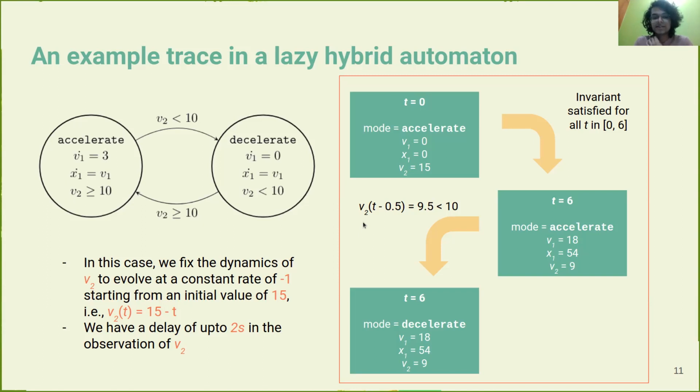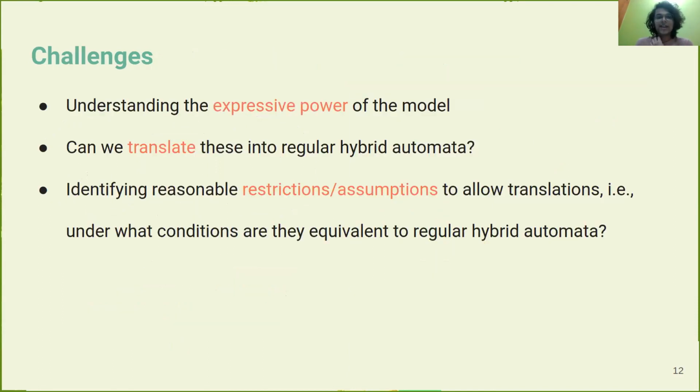What this intuitively means is that there was a delay in the observation of V2, and we ended up taking the transition to decelerate slower than expected. Now, I hope that made things clear about what we are trying to model and the nature of the delays that we have on our hands here.